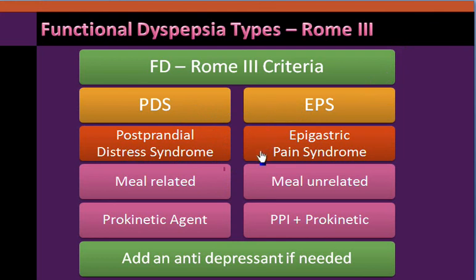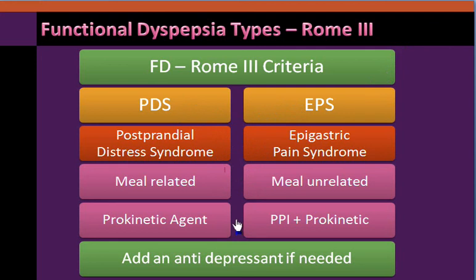This is meal related, whereas EPS or epigastric pain syndrome. In this functional dyspepsia, patient will be having epigastric pain and burning even though he is on empty stomach. It is not meal related.